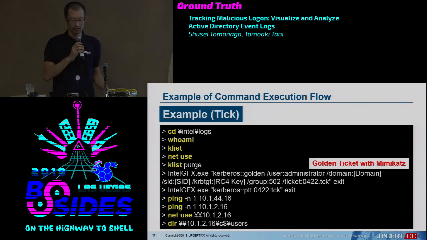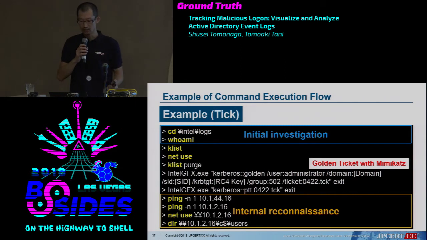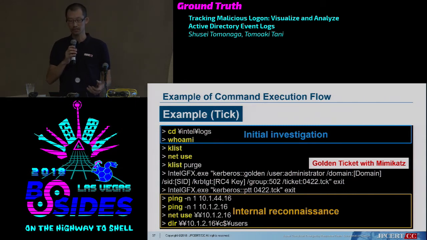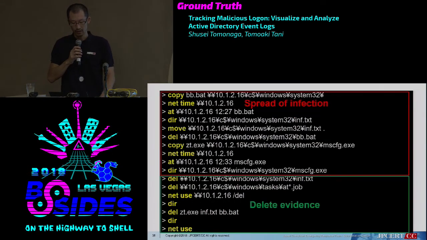The initial investigation starts with the whoami command, then they use Mimikatz to create a golden ticket. Internal recon uses a ping command. After that, they use the net command to map a remote host. They executed the file on the remote host with copy and AT commands, and finally deleted the files.